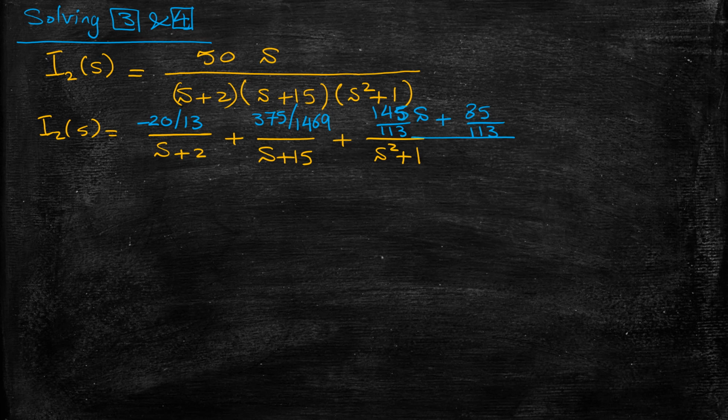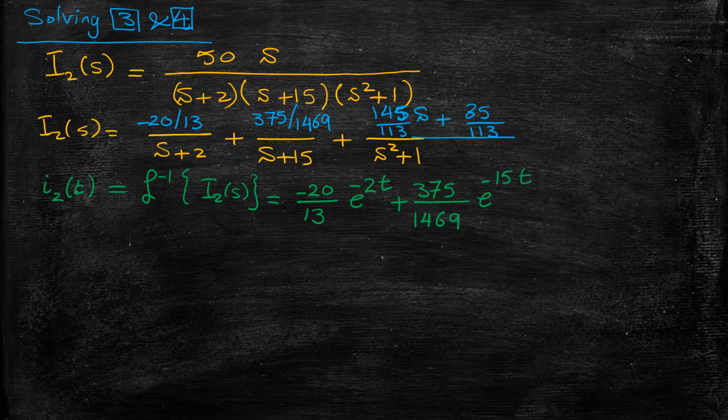Again, after getting these values for the constants, we can assume that I2 of t, which is the inverse Laplace transform of I2 of S, will be minus 20 over 13 e to the power minus 2t, plus the other constant, which is 375 over 1469 e to the power minus 15t. These two terms here, after doing this partitioning, we have one of them as cosine.